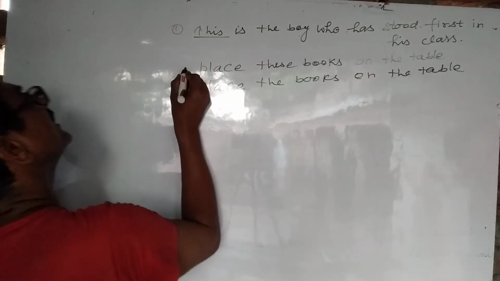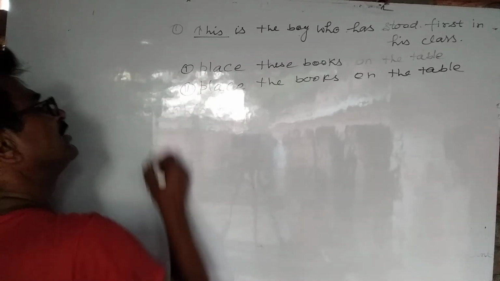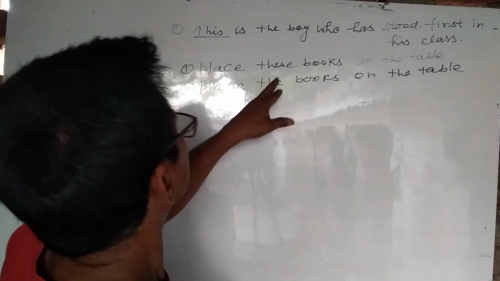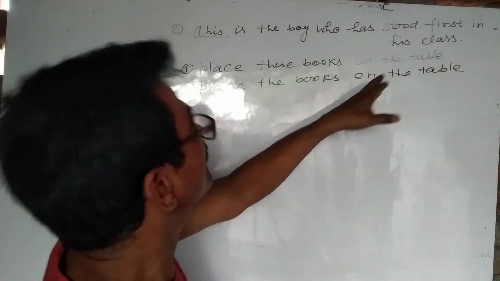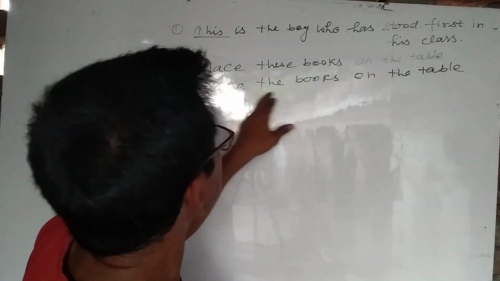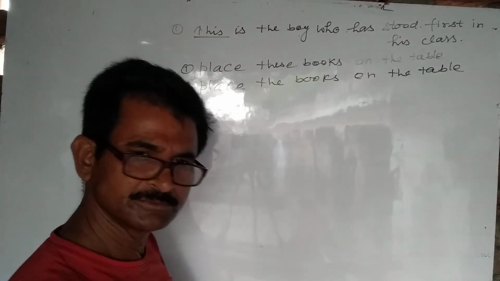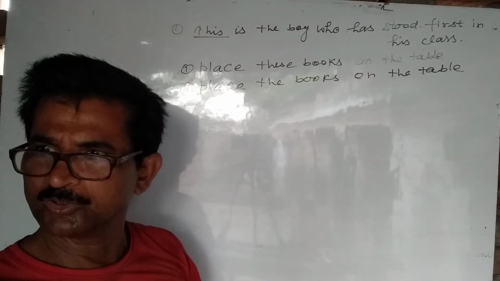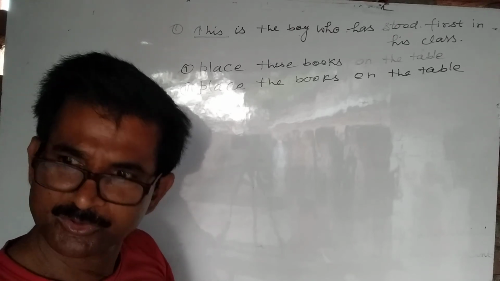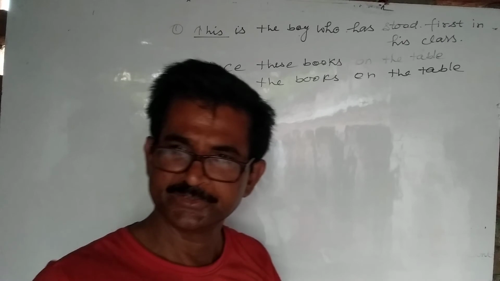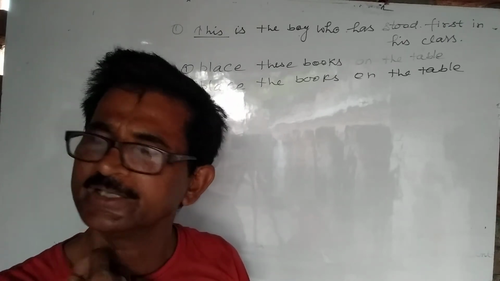Here I have given two examples. In the first example, here is these: place these books on the table. Second, place the books on the table. किताबों को मेज पर रख दो. इन किताबों को मेज पर रख दो.